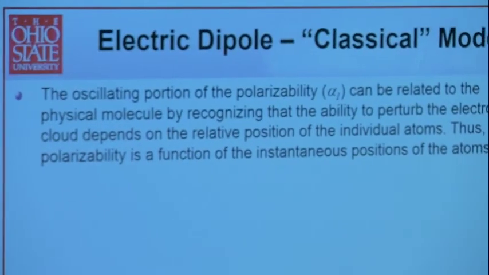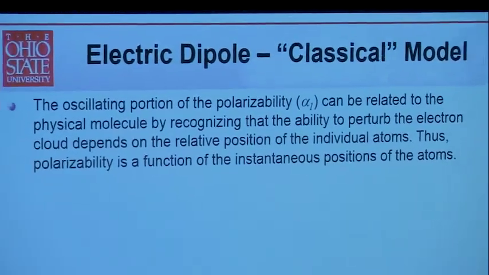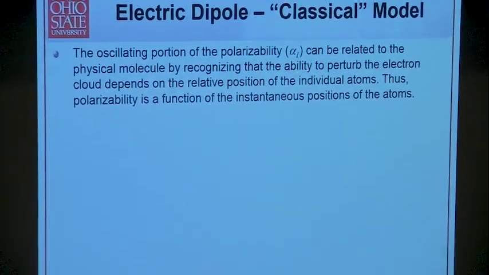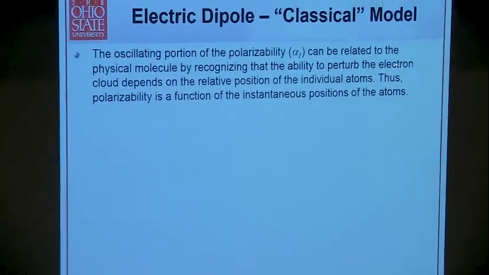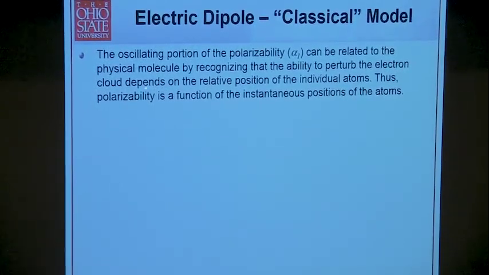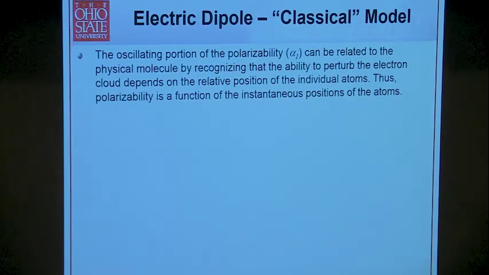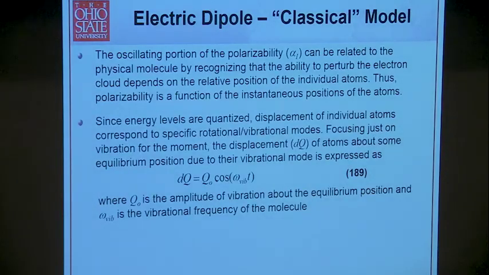Now, the oscillating portion of the polarizability can be related to the physical molecule, by recognizing that the ability to perturb this electron cloud really depends on the relative position of the individual atoms. So the polarizability turns out to be a function of the instantaneous position of the atoms. Again, let's try to find the key points. Energy levels are quantized.